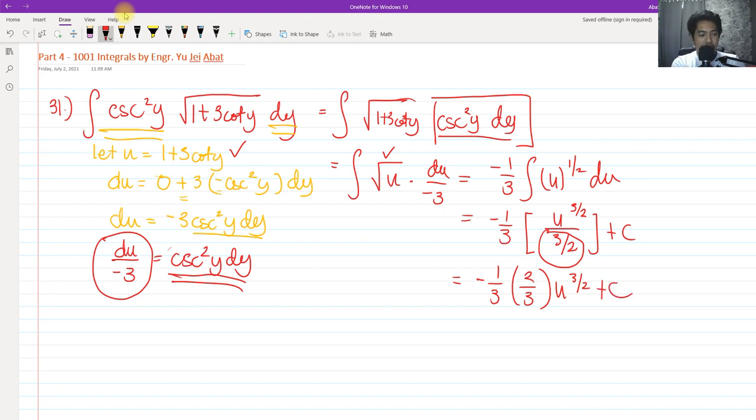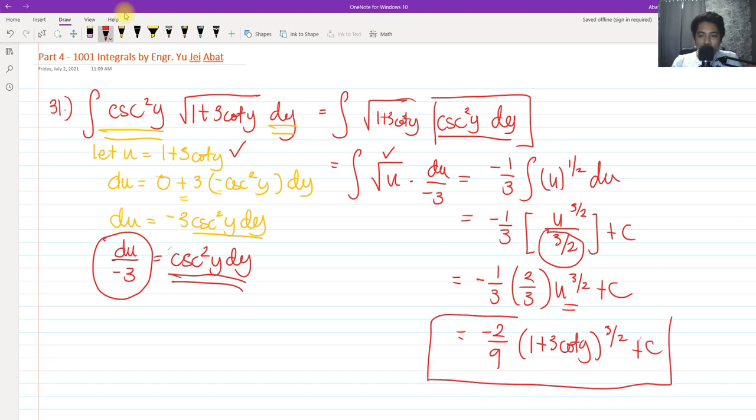And so by simplifying, we have negative 2 all over 9. Replacing, or substituting back the value of u, wherein our u is 1 plus 3 cotangent y, that becomes 1 plus 3 cotangent of y raised to 3/2 plus c. And that is our answer for this problem.